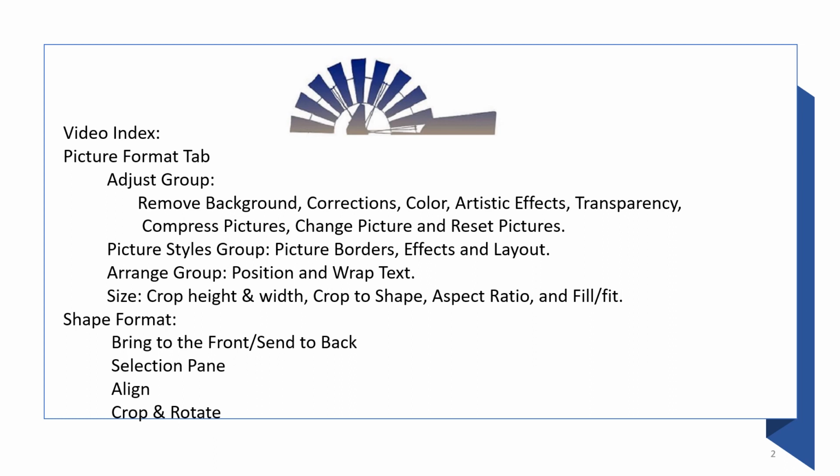Arrange Group: Position and Wrap Text. Size: Crop Height and Width, Crop to Shape, Aspect Ratio, and Fill or Fit. Shape Format: Bring to the front, Send to back, Selection pane, Align, Crop and Rotate.